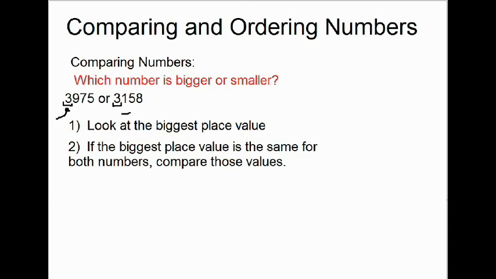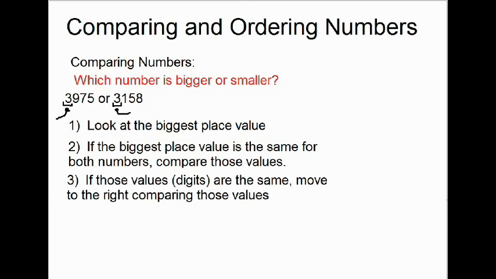So we have to have another way then to compare these two numbers. We already know which one is bigger and which one is smaller by looking at the number line. But if we want to not use a number line, now what we have to do is move to the right in terms of our place values here and compare those digits. So moving to the right here, we can see in our hundreds place, here we have a 9, and in our hundreds place, here we have a 1.